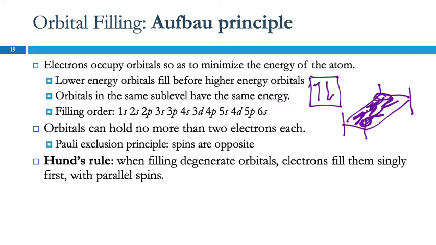And then there's Hund's rule that says when you're filling degenerate orbitals with the same energy, electrons will fill them singly first with parallel spins. So this is a p sublevel with 3 orbitals. There's 3 beds, and the electrons are going to come and fill them in. The first guy's going to take the one closest to the door, and he's going to, of course, sleep right side up in the bed.